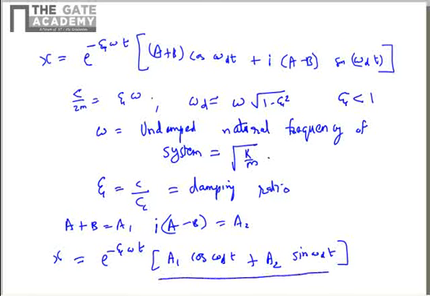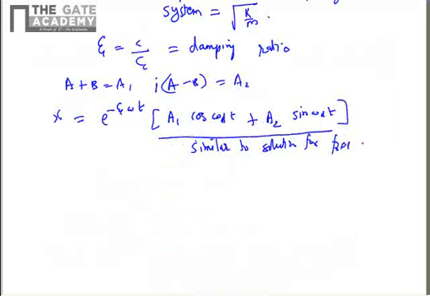The expression inside the bracket is similar to the solution for free vibration, the undamped case. This is just an oscillatory function, and the expression here is similar to the critically damped case.